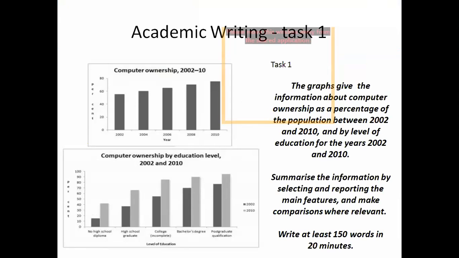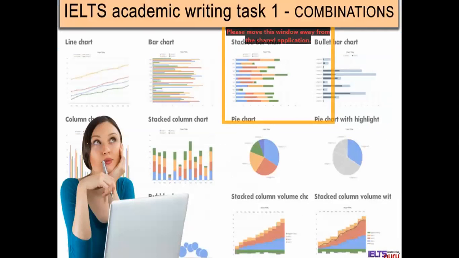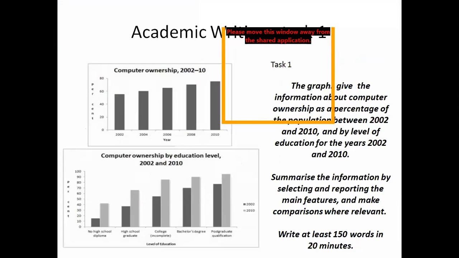Now you will have a task with diagrams like this, right? For example, the graph gives the information about computer ownership as a percentage of population between 2002 and 10, and by the level of education for the years 2002 and 10, right?